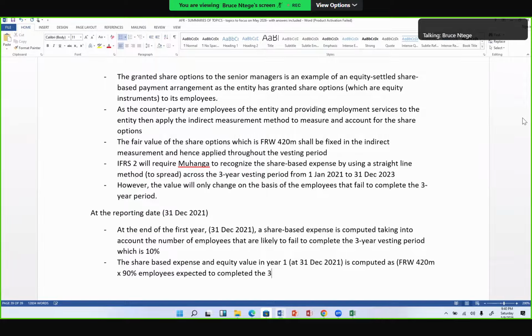Then time was 1 out of 3 years. So this is the first of the 3 years. I'm doing that accounting and allocation on a straight line basis.